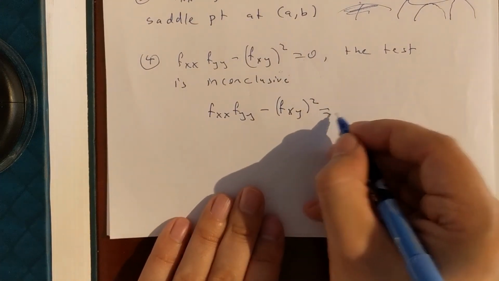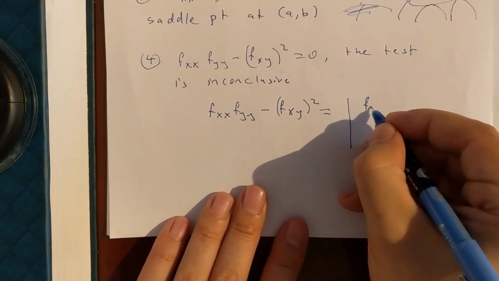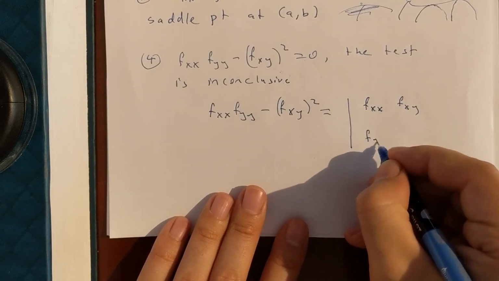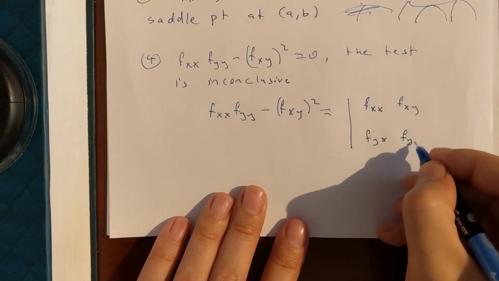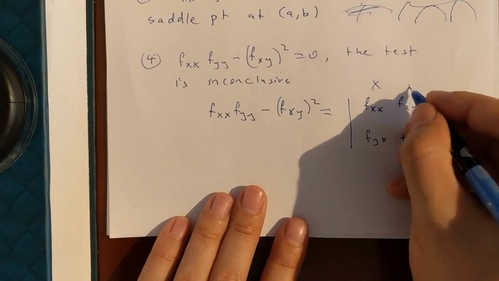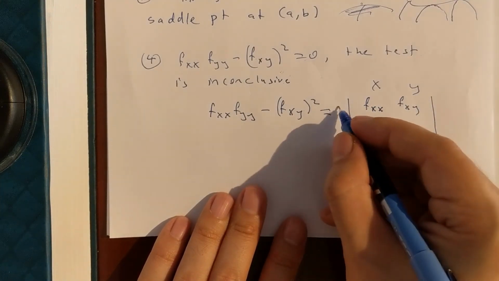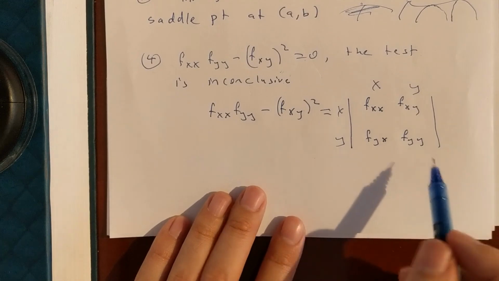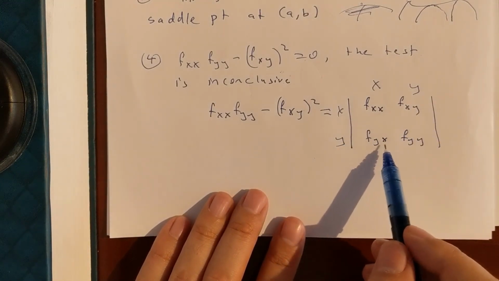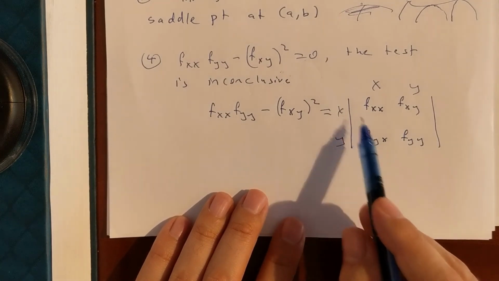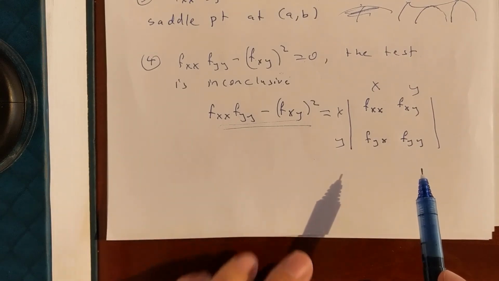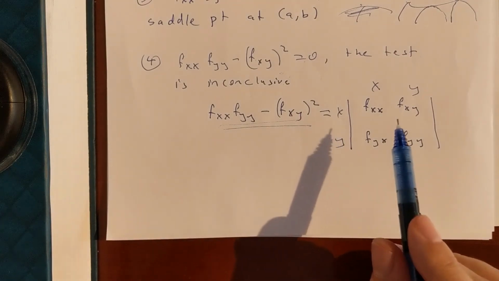This is actually the determinant of fxx, fxy, fyx, fyy. You can think of this as the x coordinate and this as the y coordinate. So you have a 2 by 2 matrix: fxx, fxy, fyx, fyy. The determinant of it is going to be exactly this value. That's where it comes from.